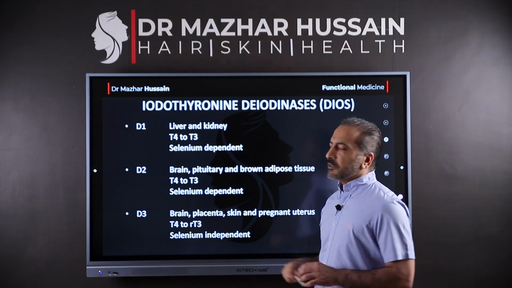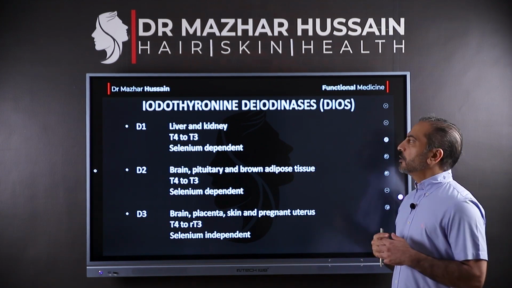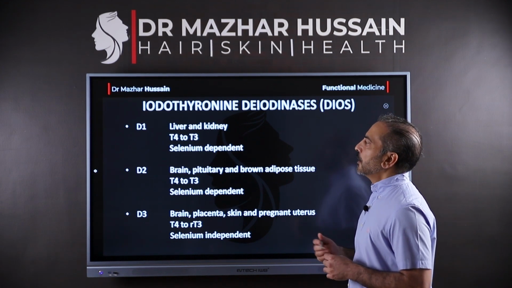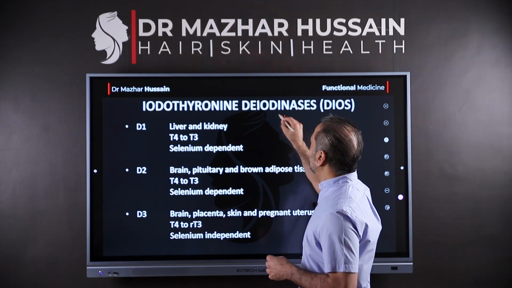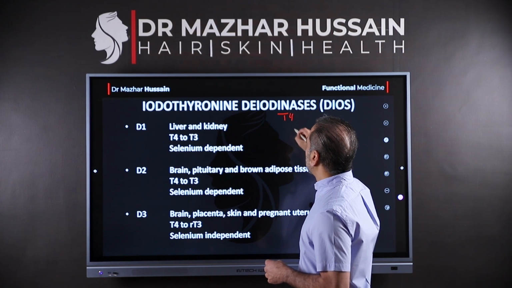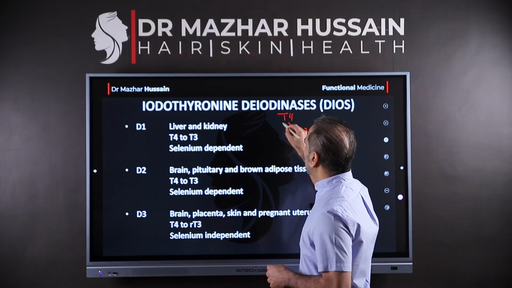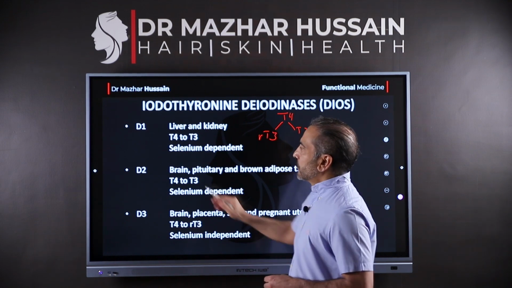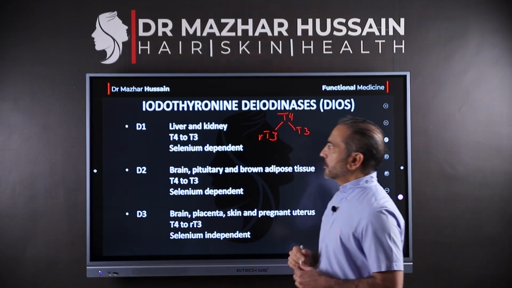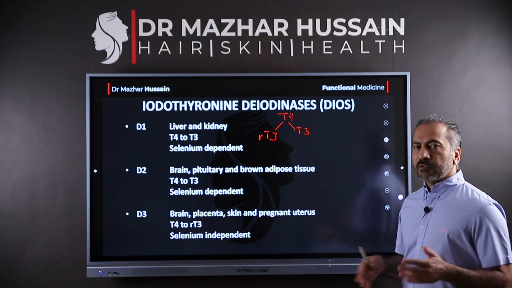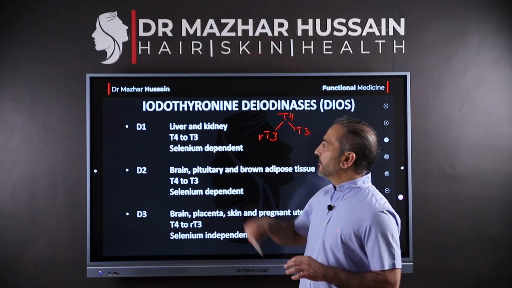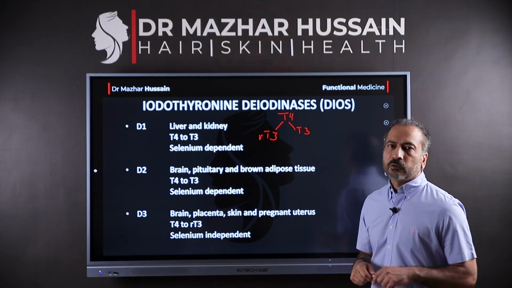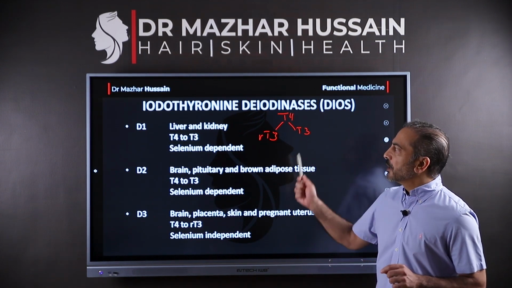The deiodinases' job is to remove iodine molecules from the T4. It's the conversion from T4 to T3 that we just talked about, or conversion to reverse T3. So D1 and D2 actually do the conversion from T4 to T3, and D1 is found in the liver and the kidney, while D2 is found primarily in the brain, pituitary and brown adipose tissue.